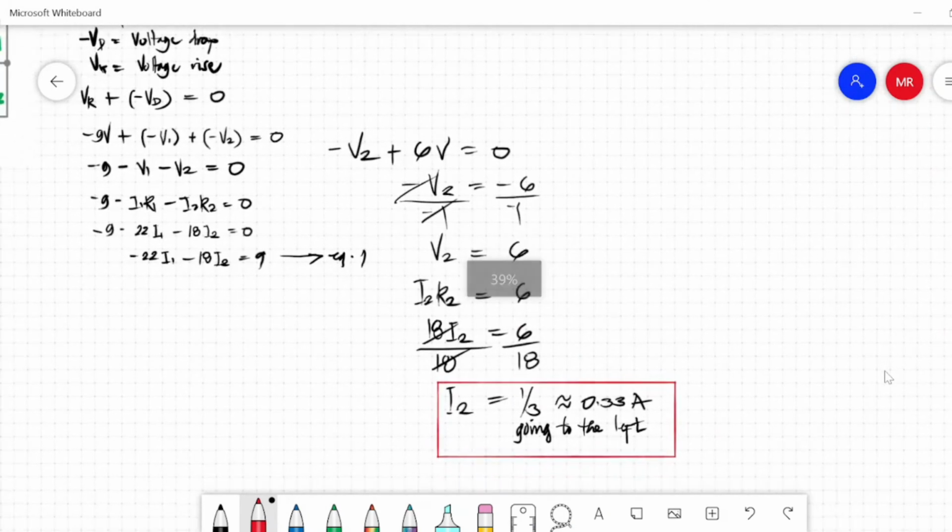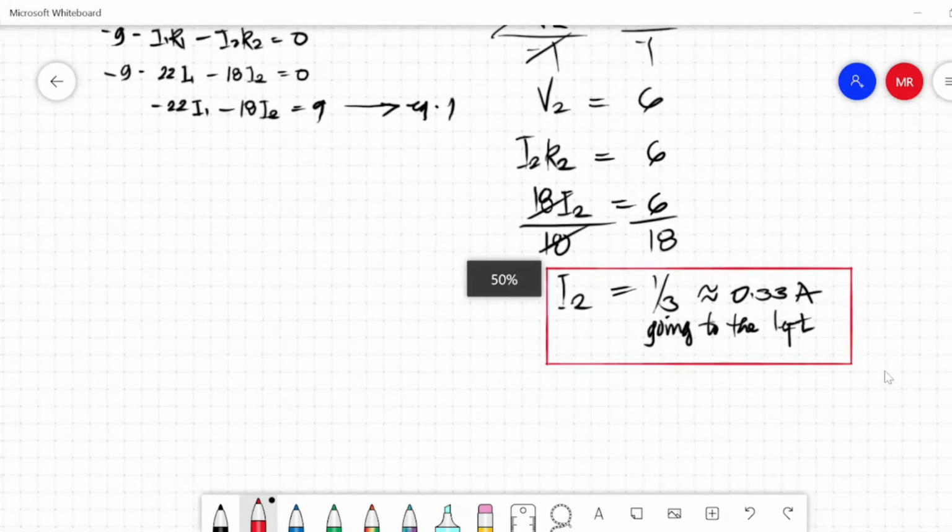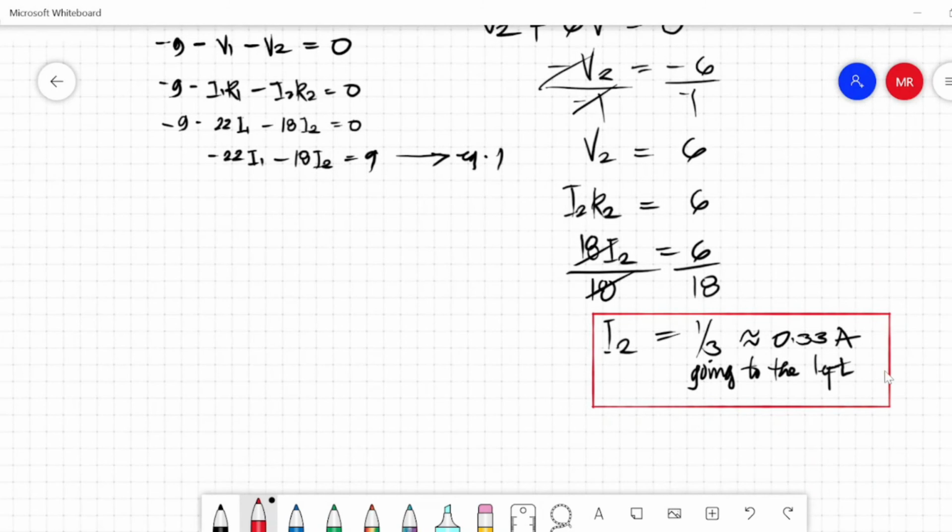We just have to substitute the value of I2 into equation 1 to get the value of I1.